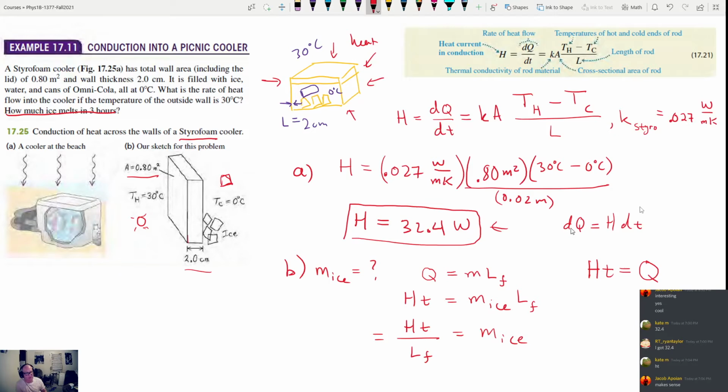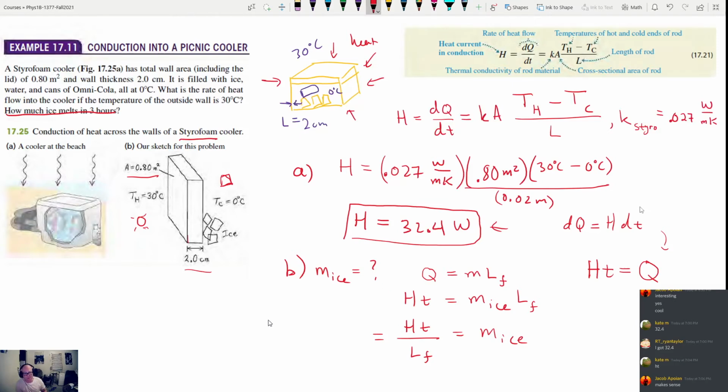If you don't understand where this comes from, it's a constant rate, so you can rearrange this equation as dQ equals H dt, and then you could integrate both sides and you would get to this equation. Or you can just say, well, this is just the rate of heat flow. So if I take the rate and I multiply by time, as long as the rate is constant, that should give me the total amount of heat transfer. However you want to think about it.